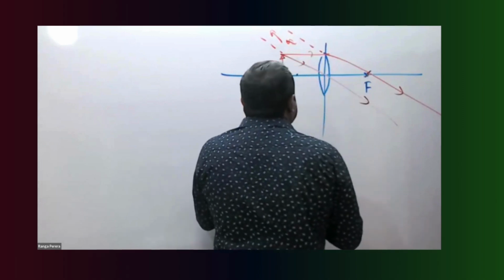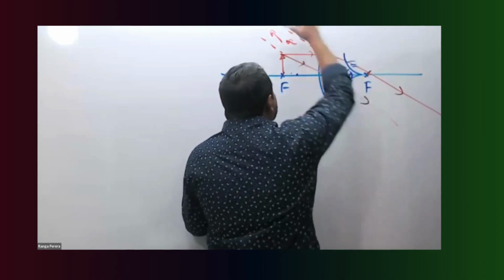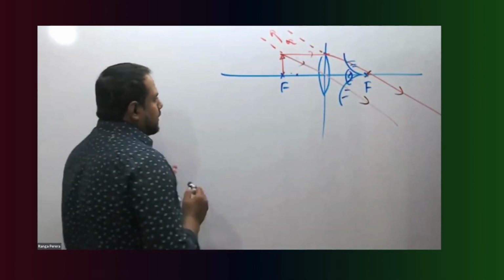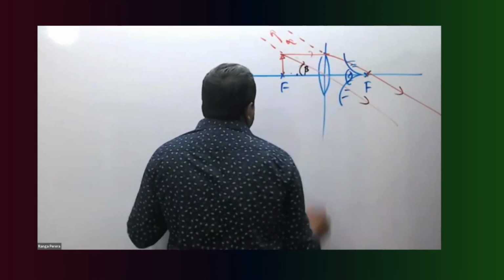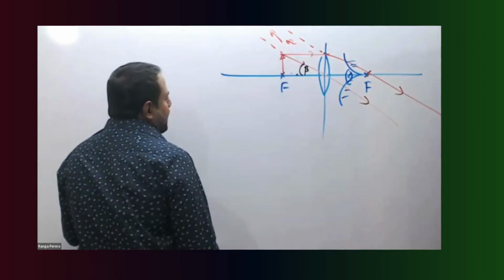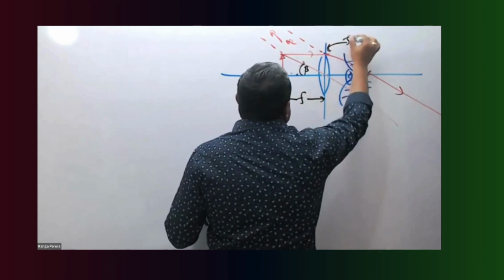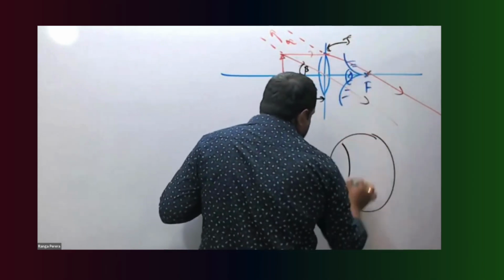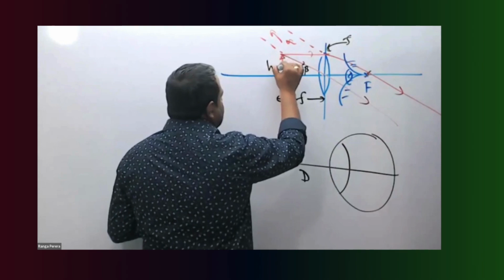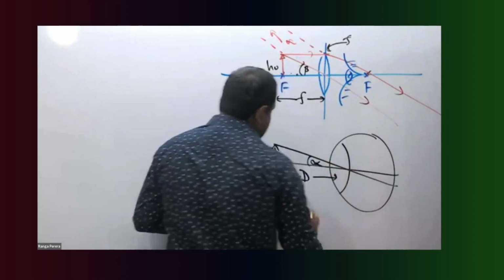So if you look through this, you could see the image is at infinity. This is beta, the angle subtended by the final image at the eye. This is the focal length of the lens f. And this is at distance d, h naught. This angle is alpha.